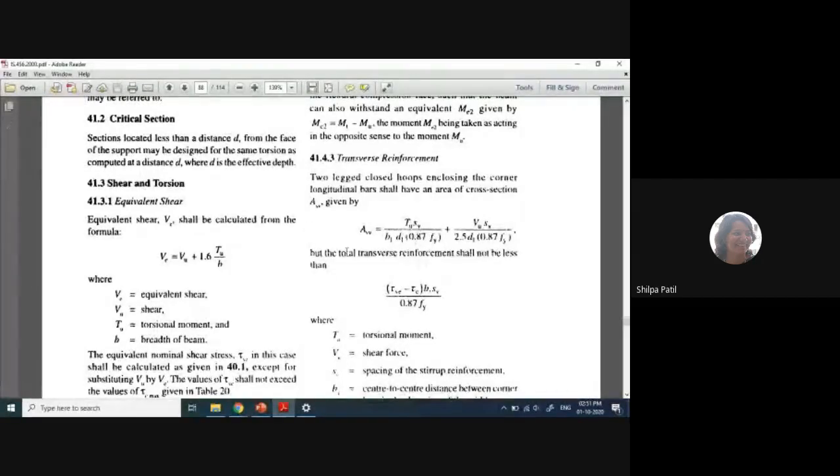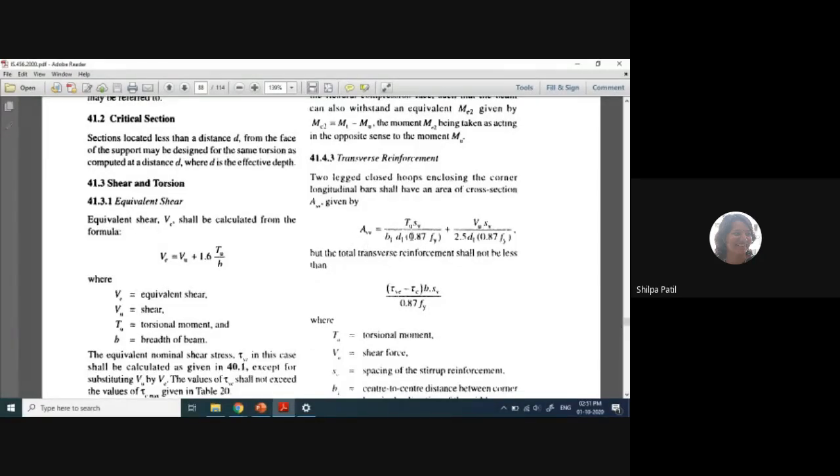So 0.87 Fy into ASV upon TU upon B1 plus 0.87 Fy upon Vu upon 2.5 D1. So simply I am rewriting the same equation in terms of SV equal to. Okay, so you can do it.